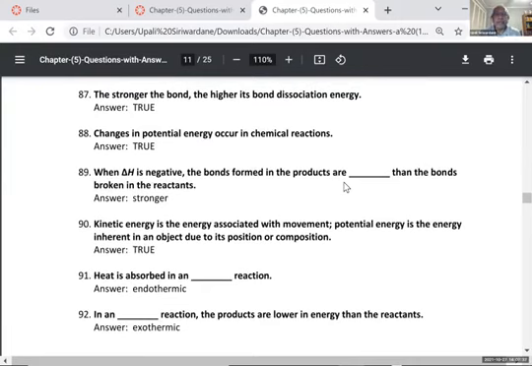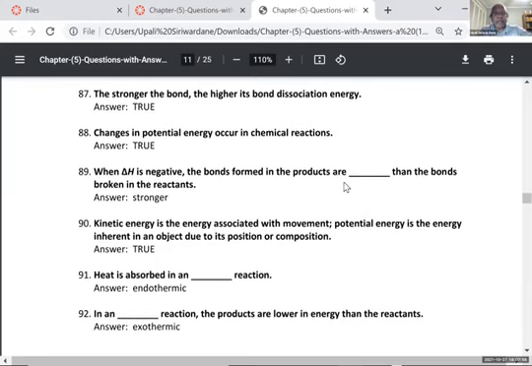Dissociation means breaking a bond. Changes in potential energy occur in a chemical reaction. Bond breaking and making take care of potential energy, and it becomes released or absorbed: exothermic, endothermic.